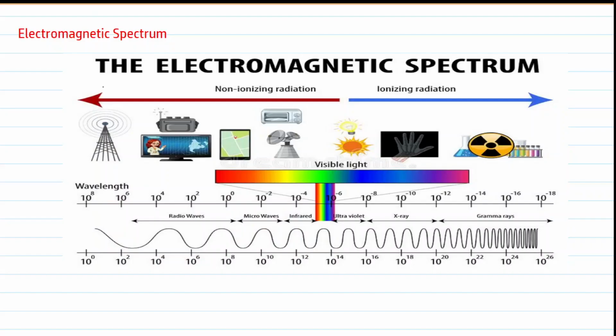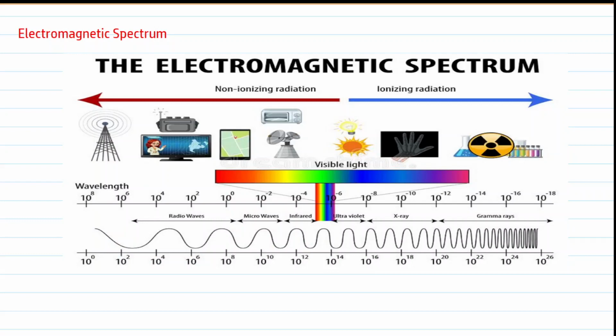Now we go back and we will discuss the electromagnetic spectrum. The simple electromagnetic spectrum looks like this. On this side, these are the ionizing radiations, whereas on the left side, these are the non-ionizing radiations. The ionizing radiations are X-rays and gamma rays. They have a smaller wavelength and higher frequency.